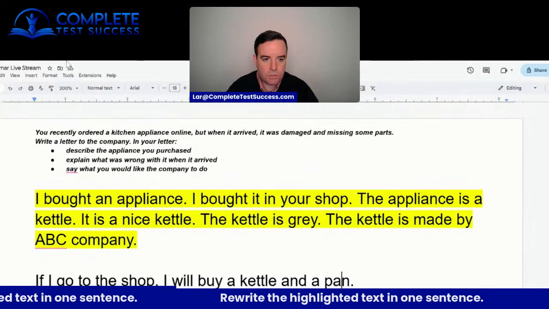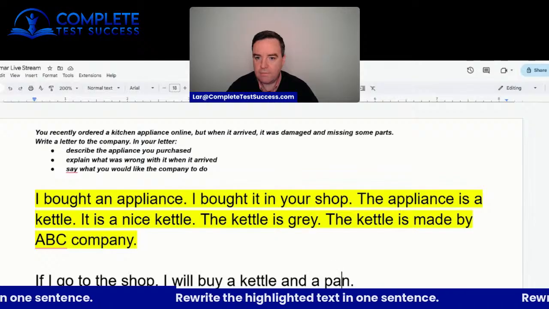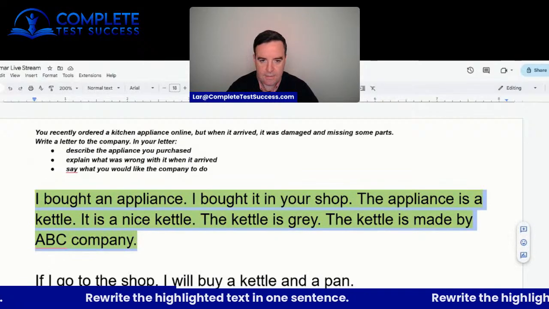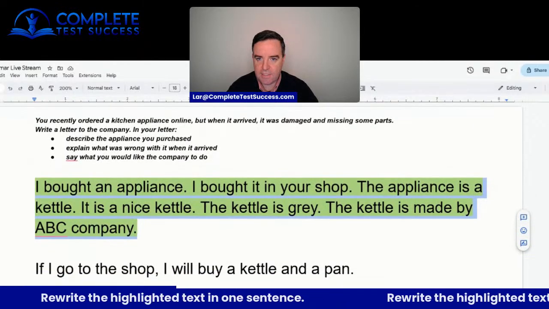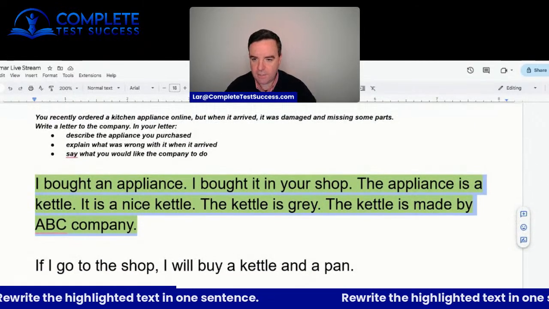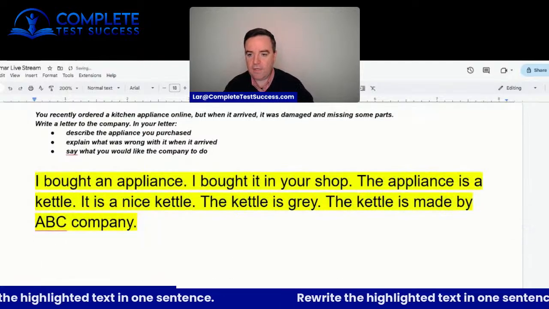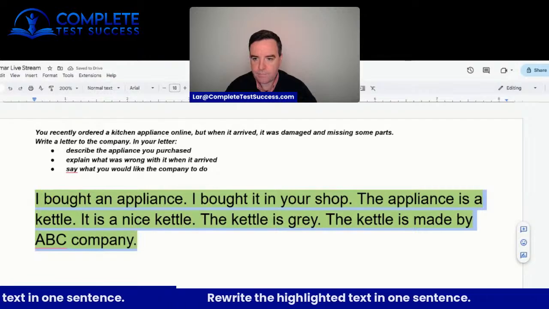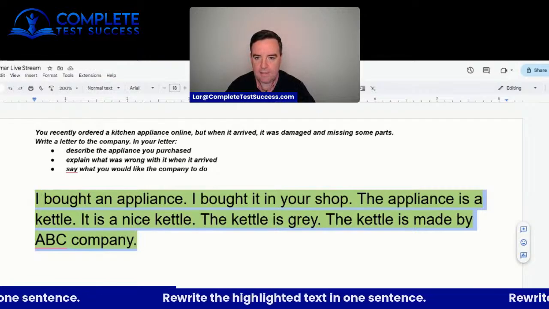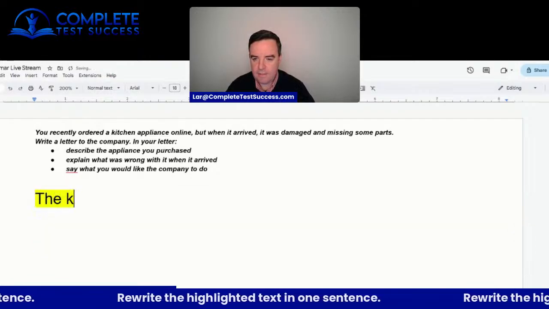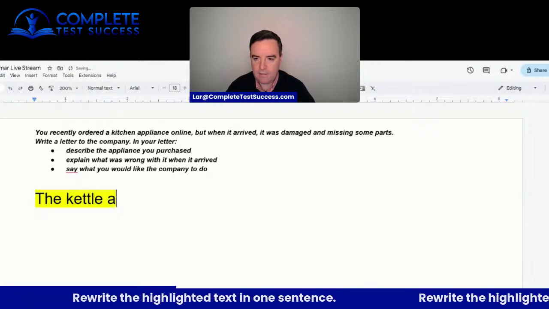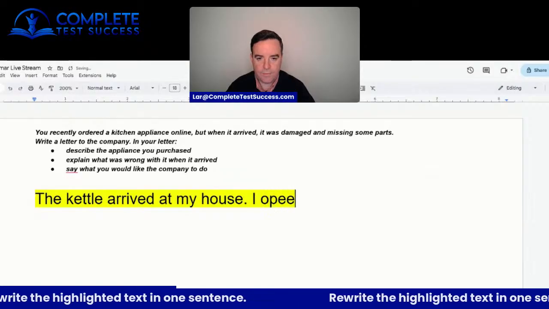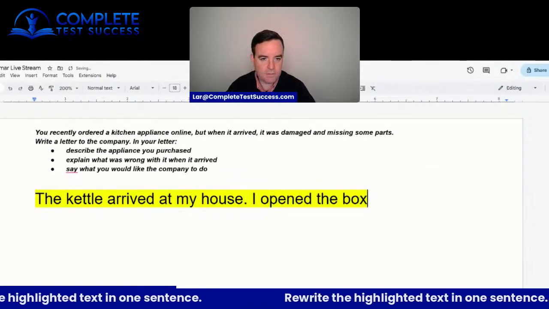Okay, so I'm going to do one more round of this. Let's see if you can do a little bit more in terms of the accuracy and better with the coherence and cohesion this time. So again, I'm going to write another few sentences. So let's say the kettle arrived at my house. I opened the box.